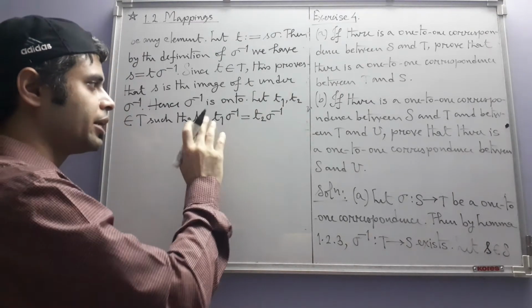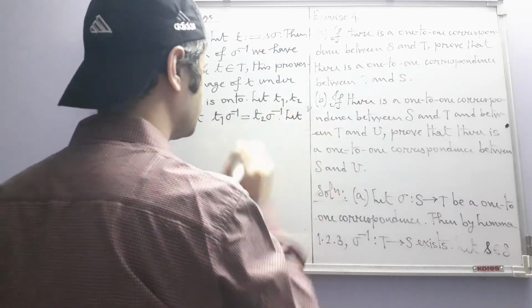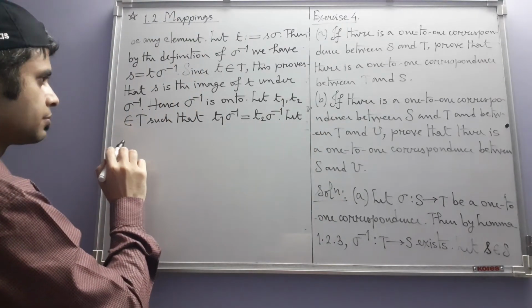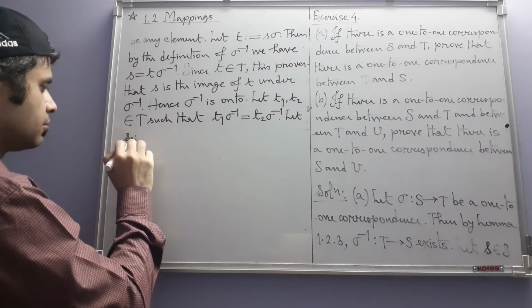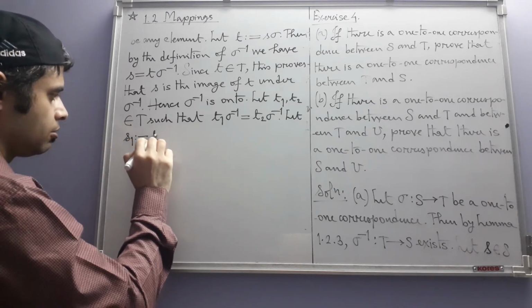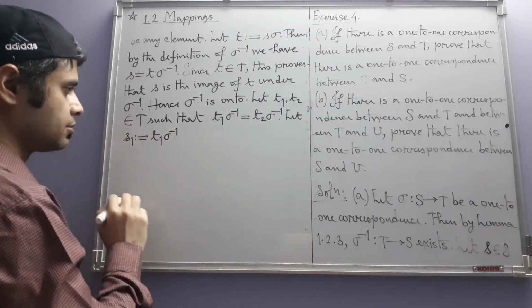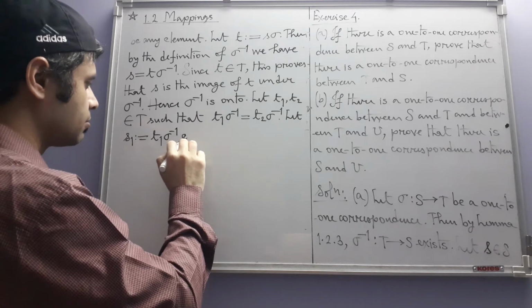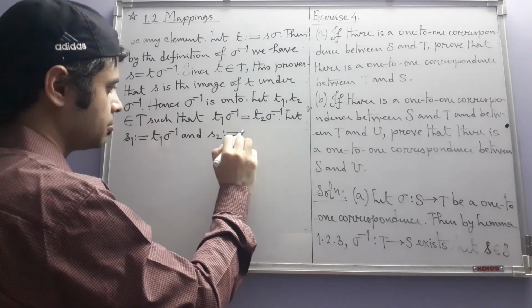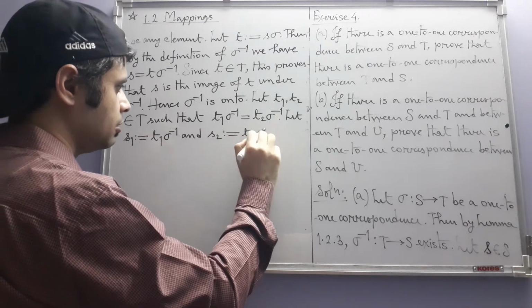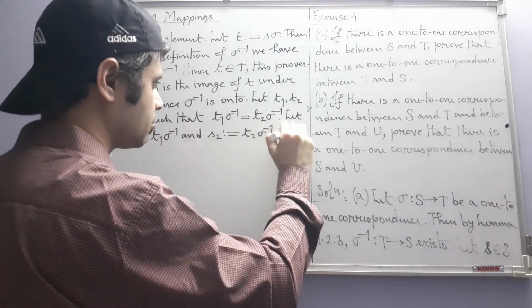We have to prove that t1 is equal to t2. Now let s1 be t1 sigma inverse and s2 be t2 sigma inverse.